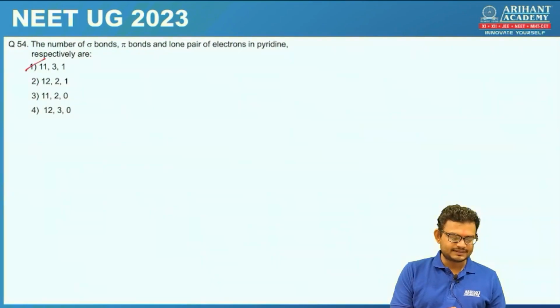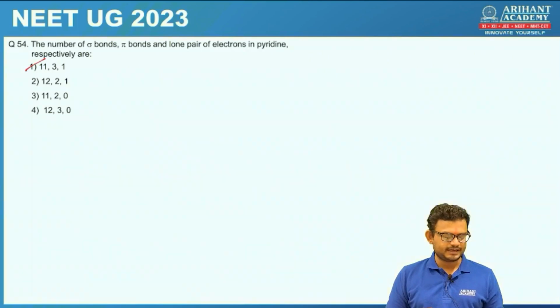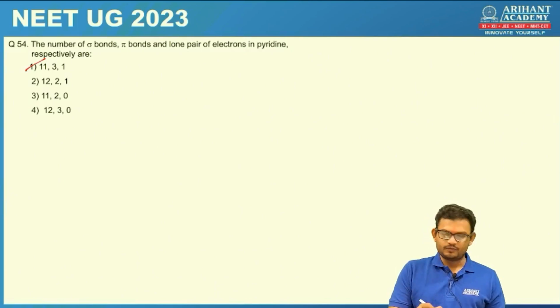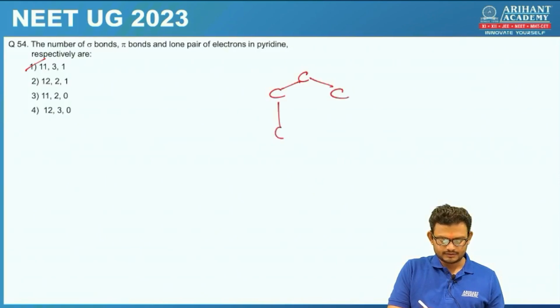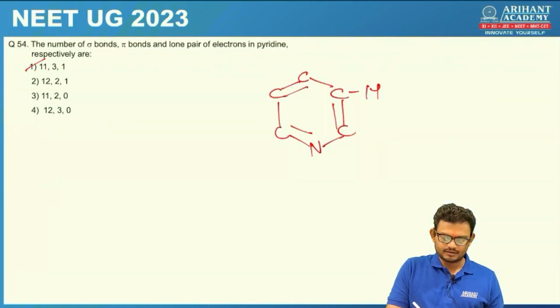The number of sigma, pi bonds and lone pair of electrons in pyridine are respectively. Now we all know the structure of pyridine, which is this. Definitely this is the structure.